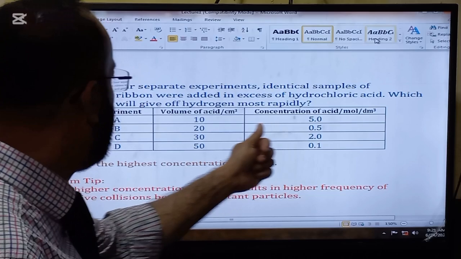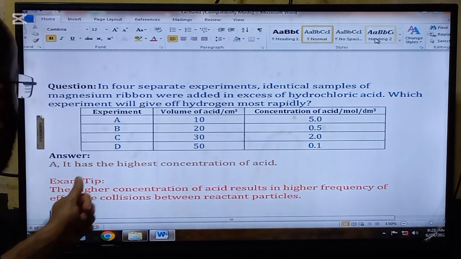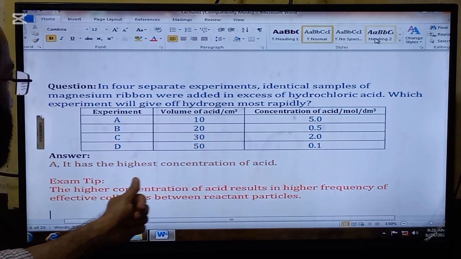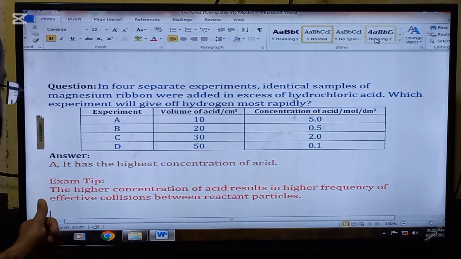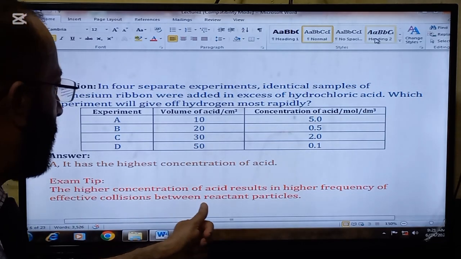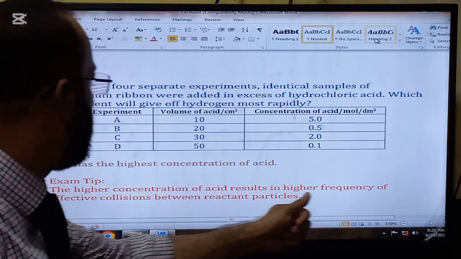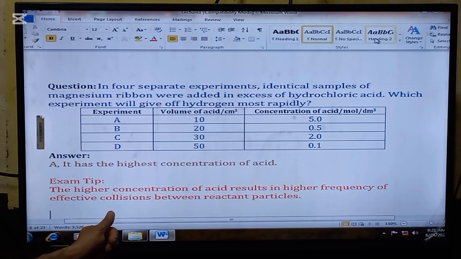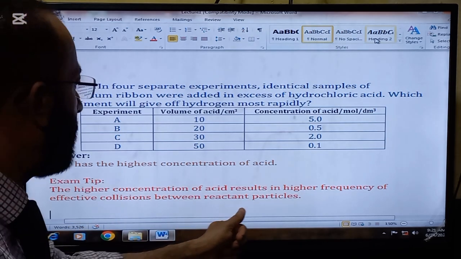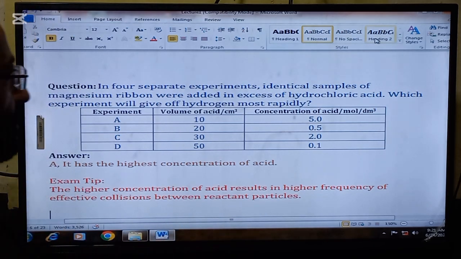So this will be the A part experiment. So A has the highest concentration of the acid. The higher concentration of the acid results in a higher frequency of effective collisions between reactant particles. So this was the question.